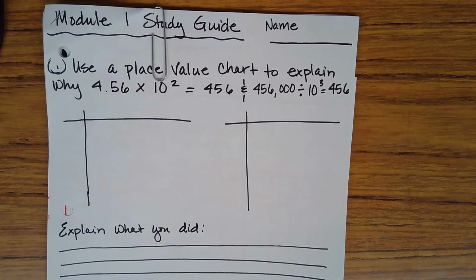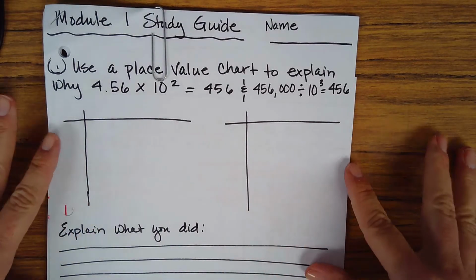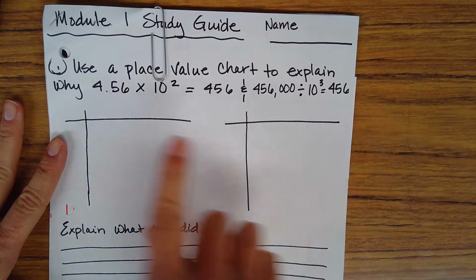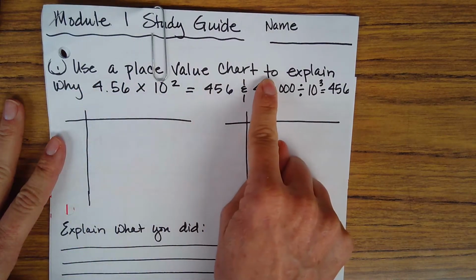This is Module 1, study guide for the end of the module test. So you have a copy of this here. You are going to use a place value chart.